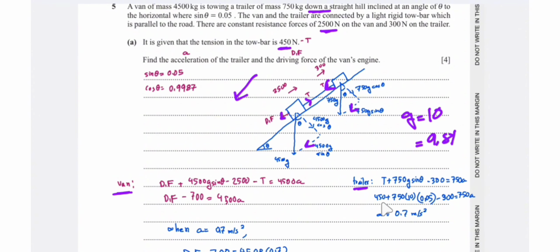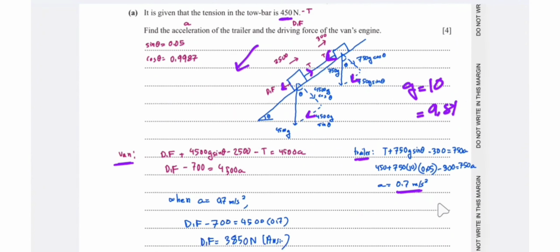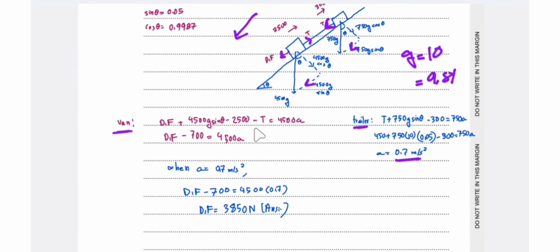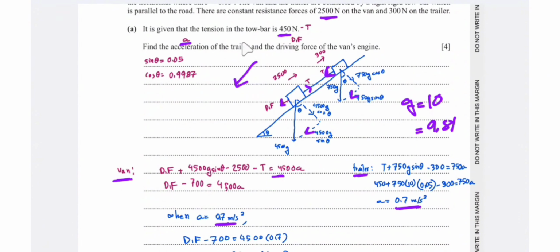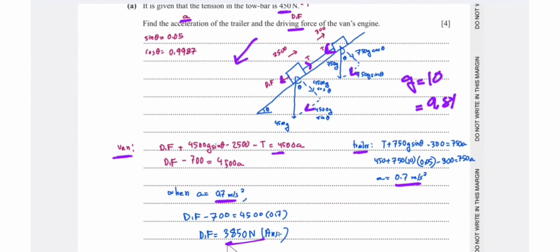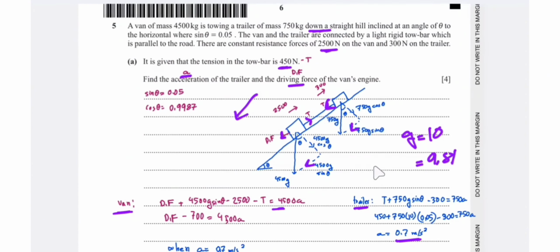So 450 plus 750g sine theta minus 300 is equal to mass times acceleration. After calculating, we get the acceleration as 0.7 meter per second square. After substituting the value of acceleration in the van's equation, we get the driving force as 3850 Newton. So we find the acceleration and the driving force.